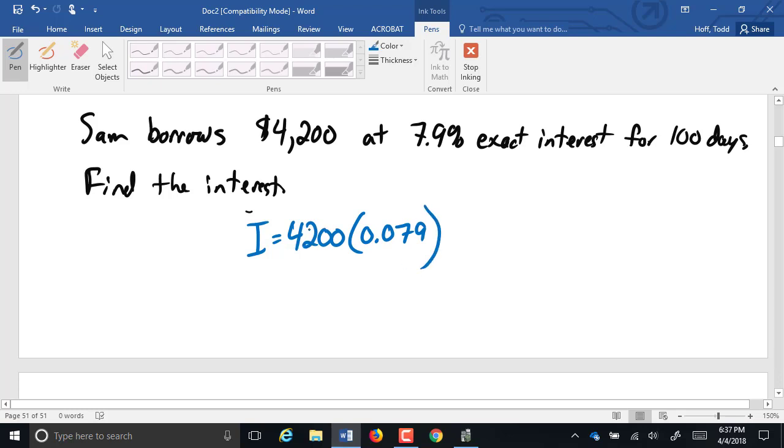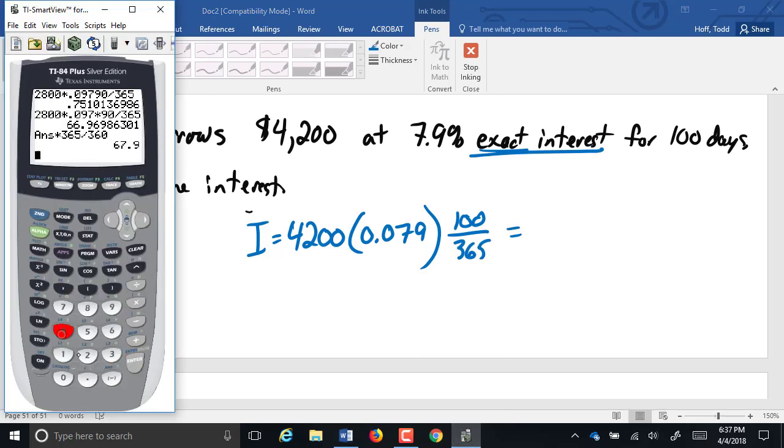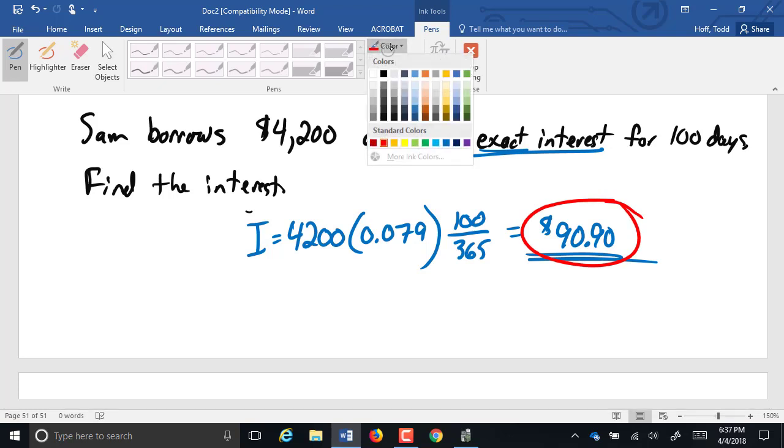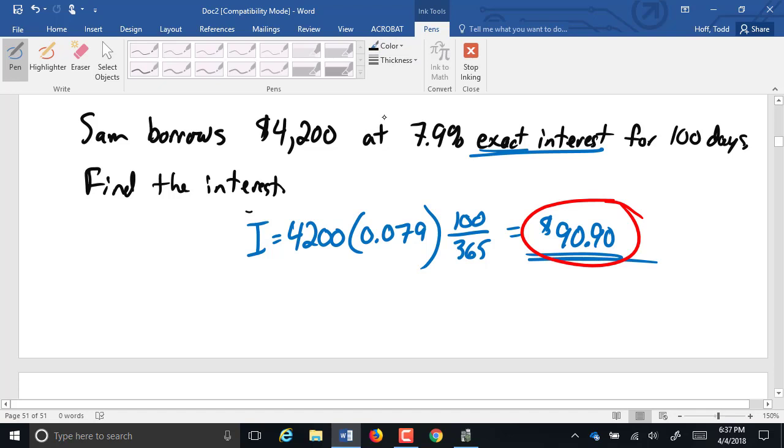Perfect. 4,200 is the principal, times the rate is 0.079, times 100 days, and it did say exact interest. So it's over 365. $90.90 interest. Any questions? 90.90.